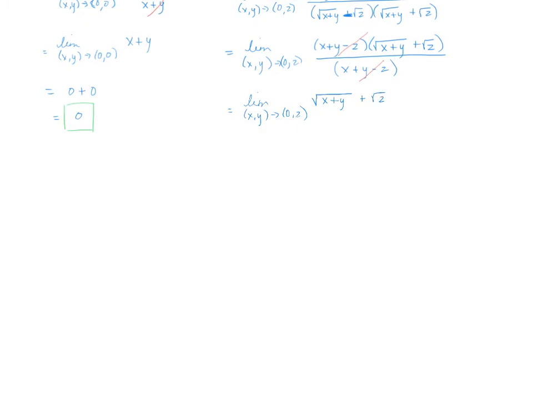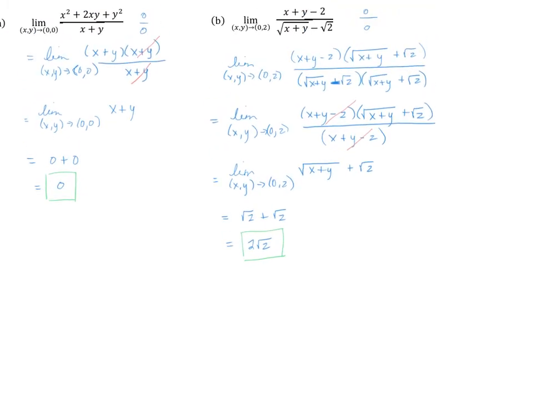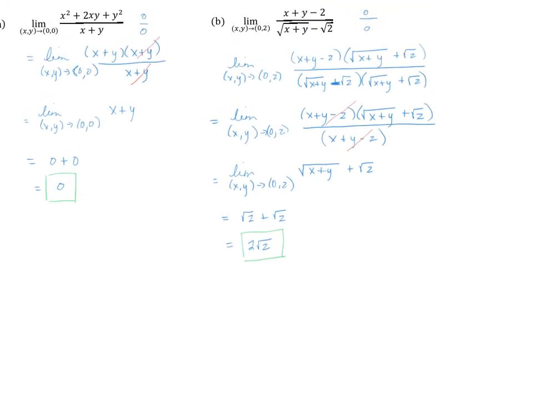Now when I put in 0 for x and 2 for y, this limit is equal to the square root of 2 plus the square root of 2, which is simply 2 times the square root of 2. And I'm done. So again, the original point (0, 2) made my expression undefined because that's a boundary point, but it's not contained in the region.